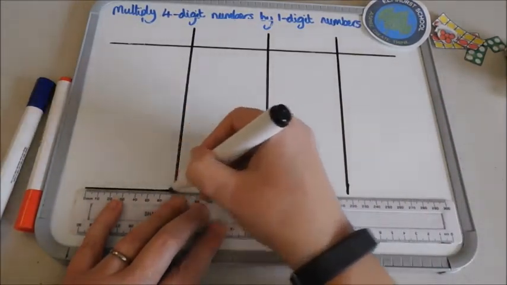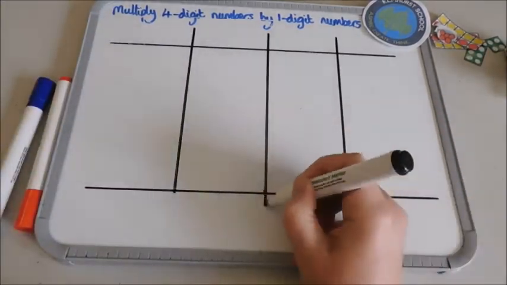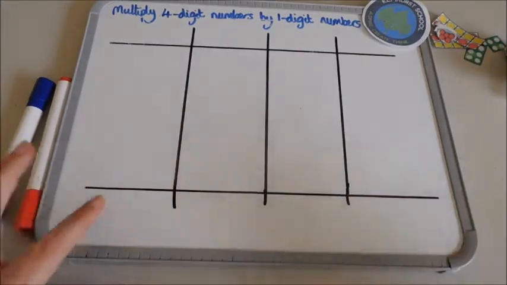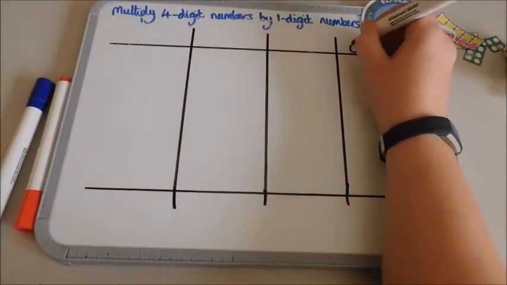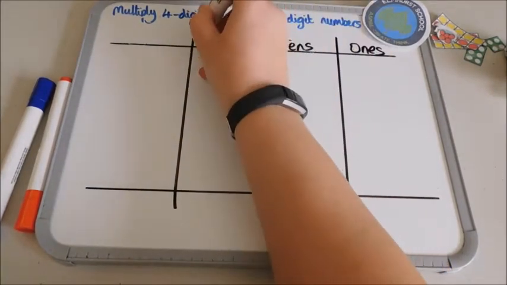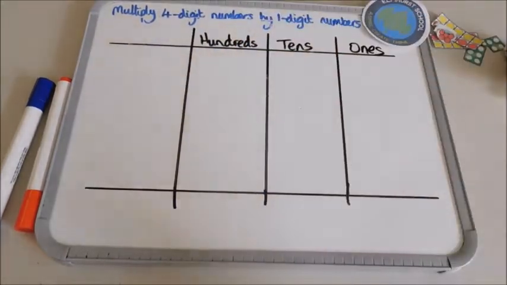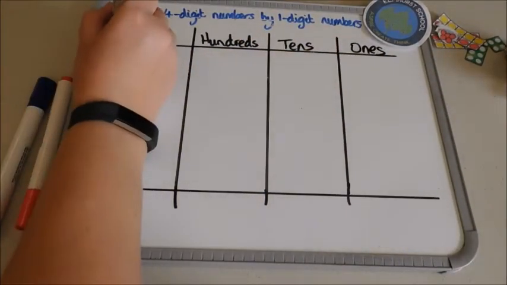So I'm drawing my place value grid and I'm just extending this down here. This is where I'm going to put my numbers at the end, okay? So ones column, tens, hundreds, and then I've got my thousands.